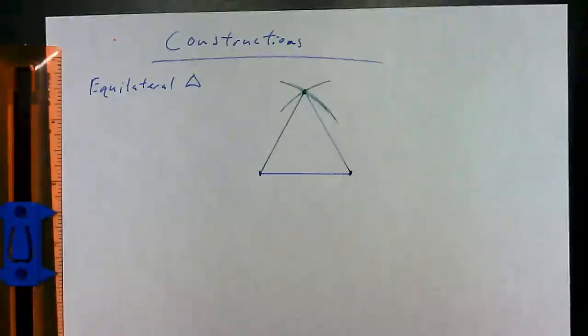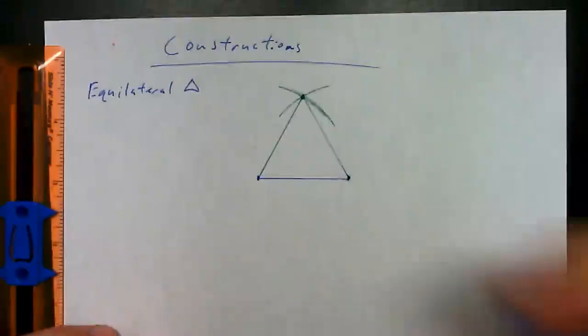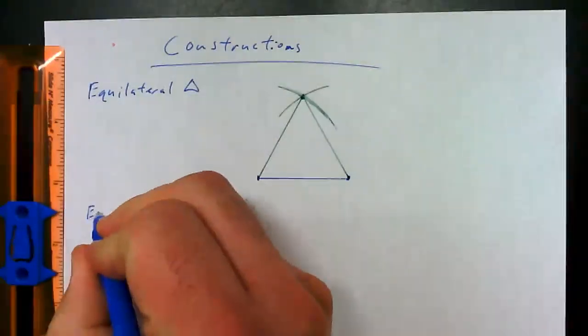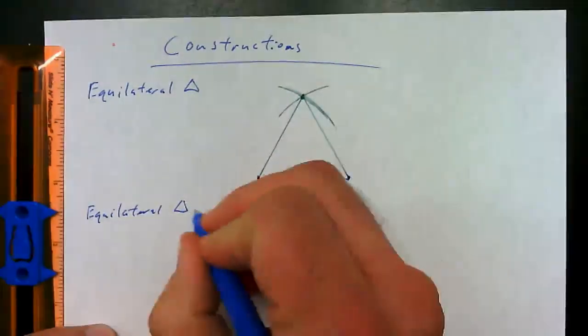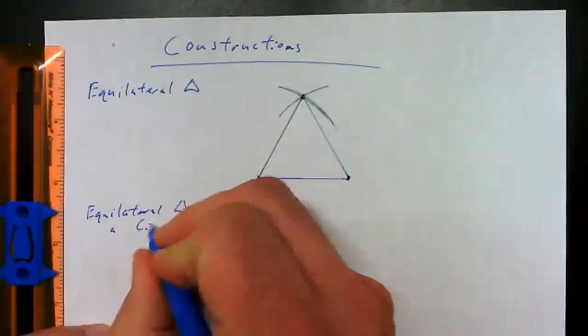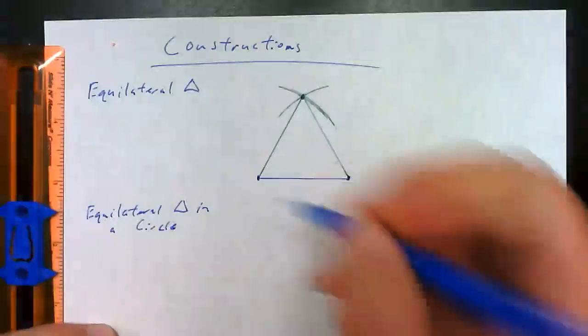And that was one way to do an equilateral triangle. But then you could also do an equilateral triangle in a circle. So, same thing, equilateral triangle in a circle.